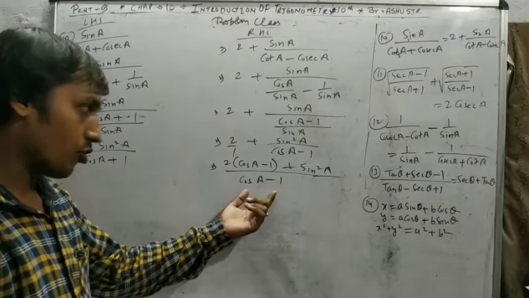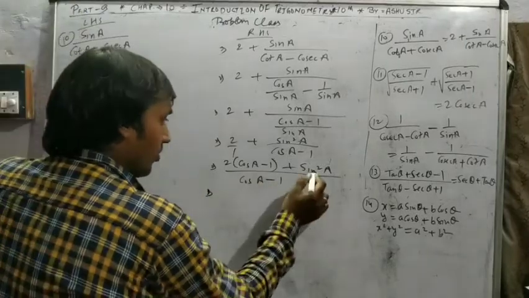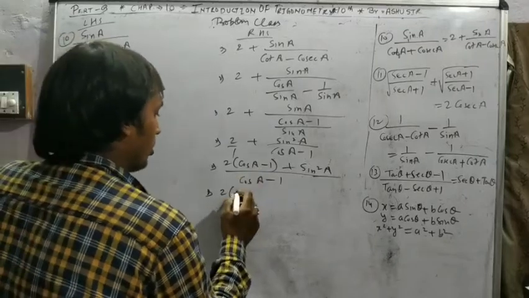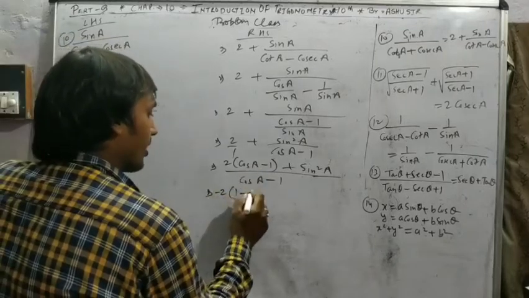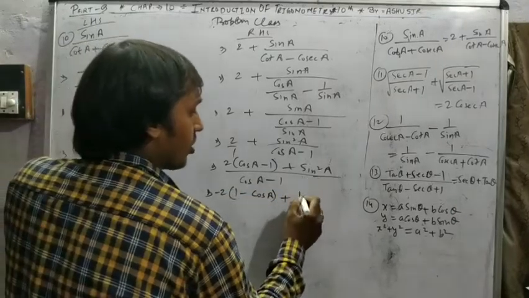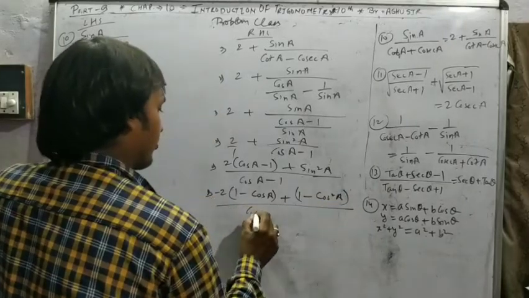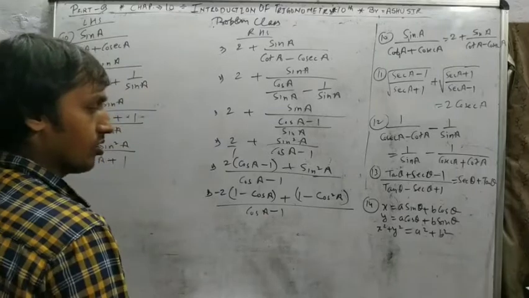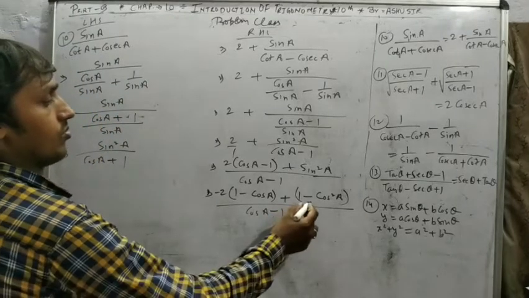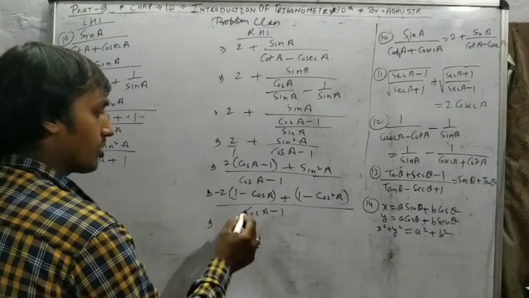So it's the opposite. So we can convert them. Firstly, we can convert 2. This is minus common, so we get 1 minus cos A, opposite, and in place of this 1 minus cos square. Then again 1 minus cos common.